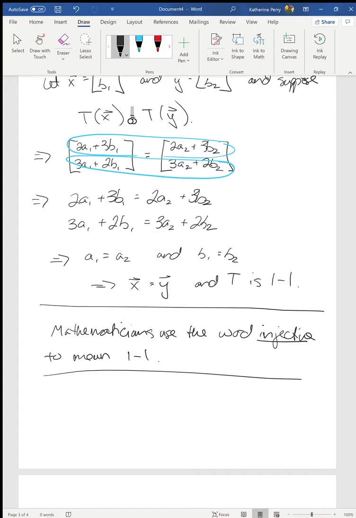All right, and now the second property that I want to talk about is what's called onto.